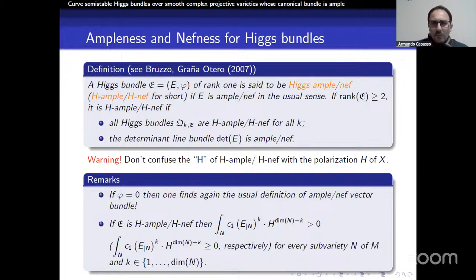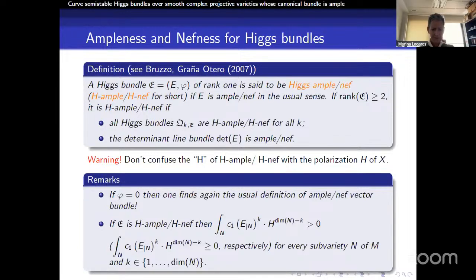Third, for what we know until now, the first Chern class of these Higgs bundles satisfies the usual positivity conditions, which I have written here. Until now, we don't know whether the Schur polynomials of Chern classes of Higgs-ample or Higgs-nef Higgs bundles satisfy analogous properties. Until now, these results are completely unknown.